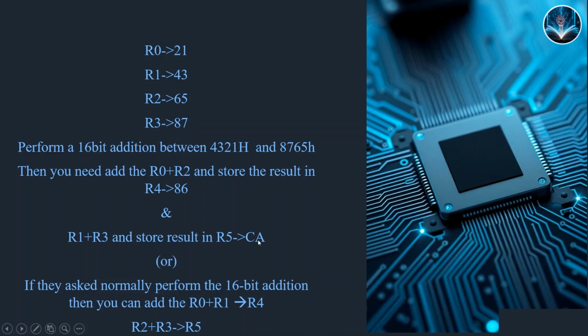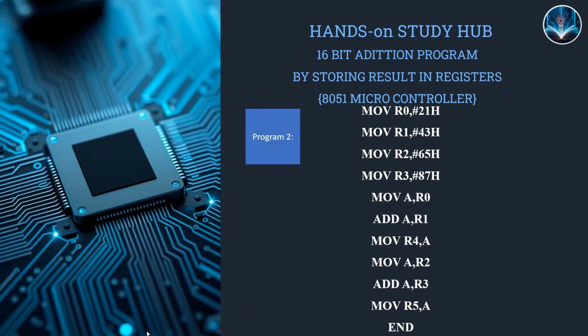Or else, if the question only asks to perform the 16-bit addition without considering LSB and MSB, you can perform the normal 16-bit addition by breaking it into two 8-bit parts. Here we can add R0, R1 and R2, R3 directly and store the result in R4, R5. For that, let's get into the program.